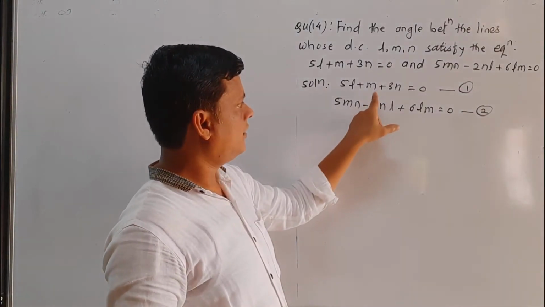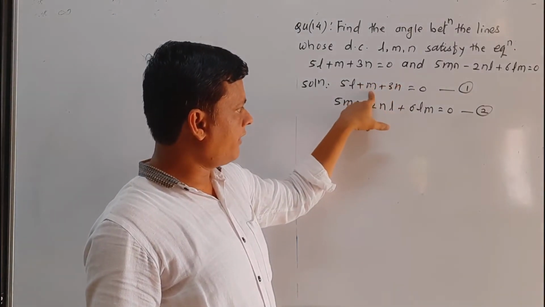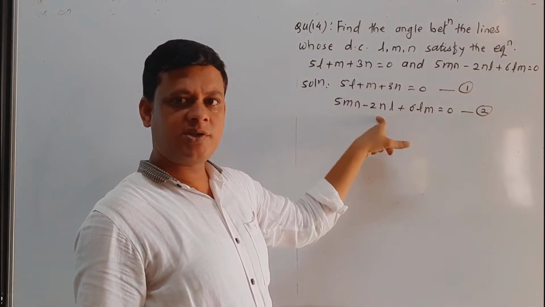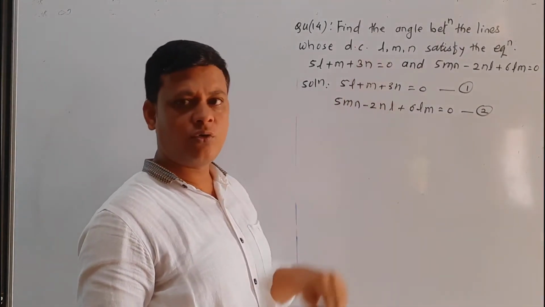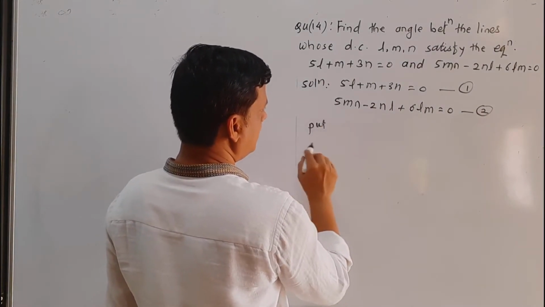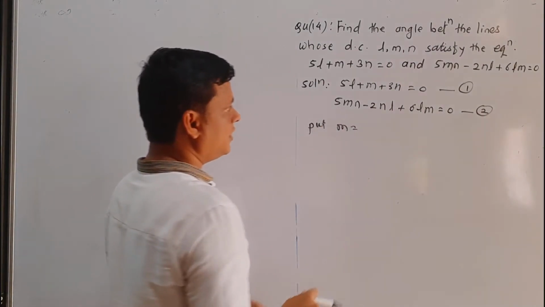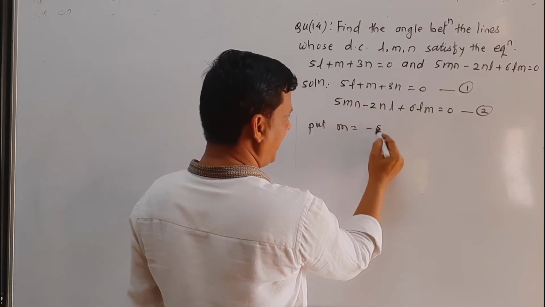So we take the value of m from equation number 1 and that value we put in equation number 2. That means we eliminate that variable from these two equations. See here, put m equal to, now we transfer this 5l to the right hand side, so we get minus 5l.